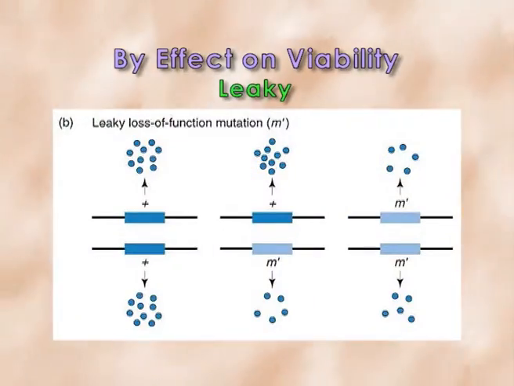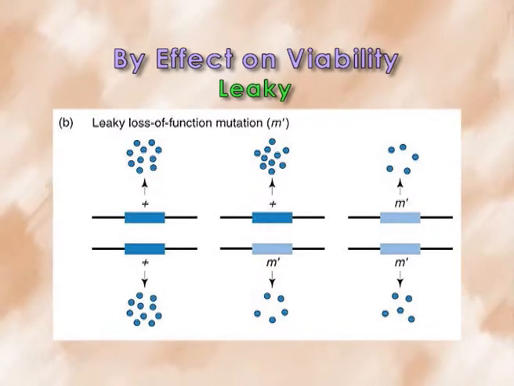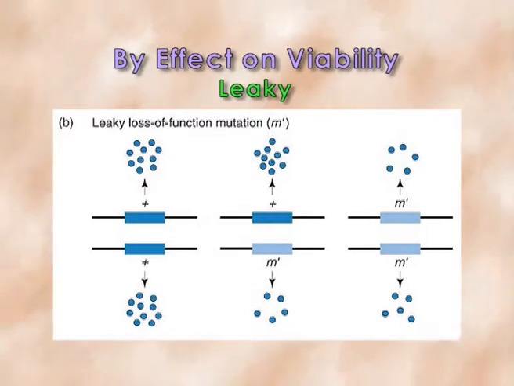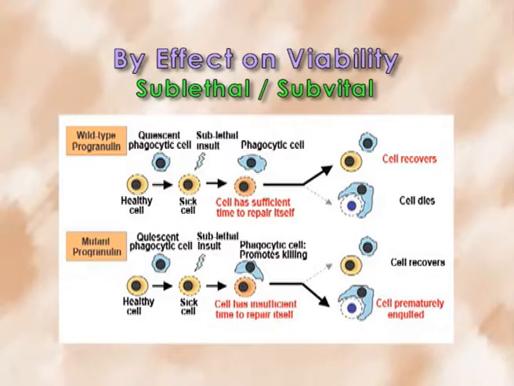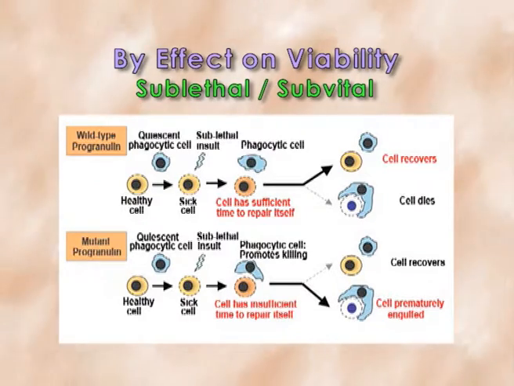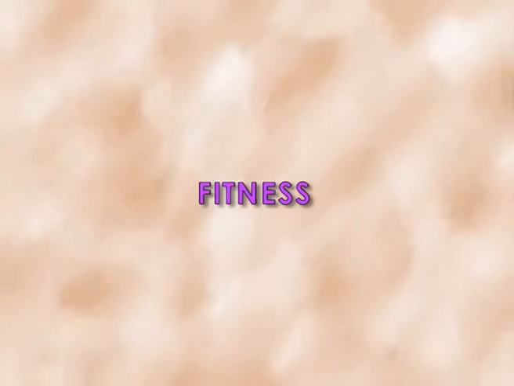Leaky mutation is such that it does not kill the microorganism or the system totally, but it reduces the growth. The enzyme is mutated in such a way that it cannot function properly. So in case of bacteria, by the leaky mutation we can find reduced growth. According to viability, there are mainly four types: lethal, leaky, vital, and sublethal or subvital.